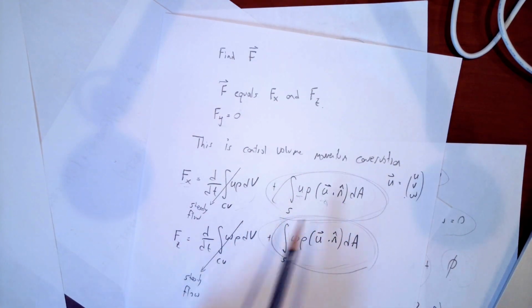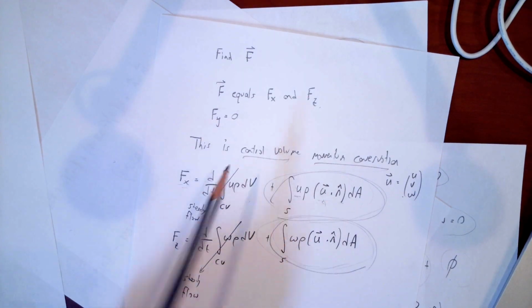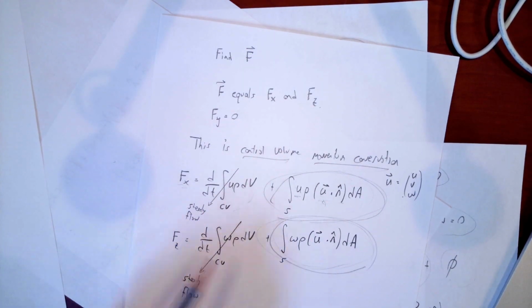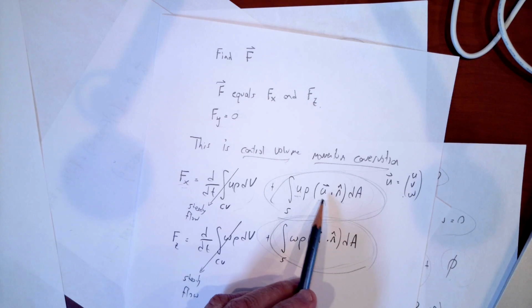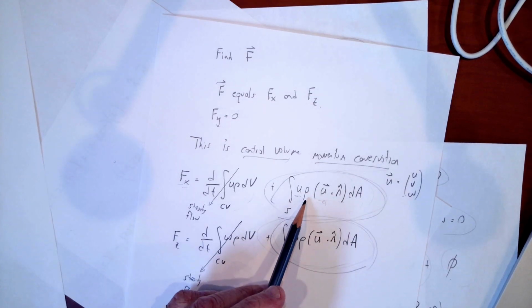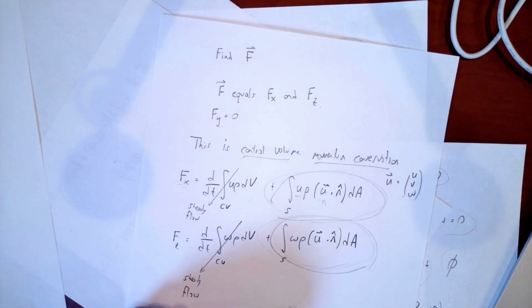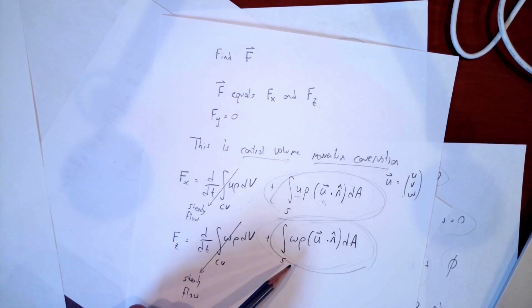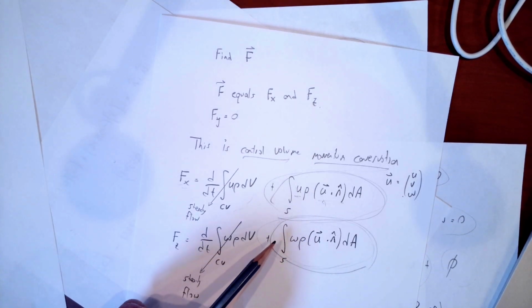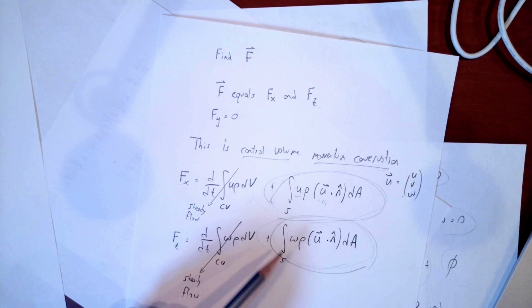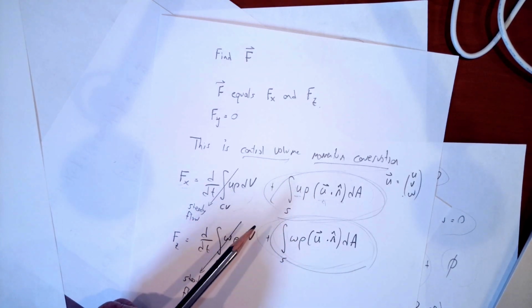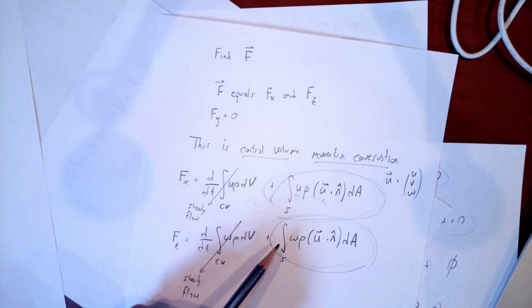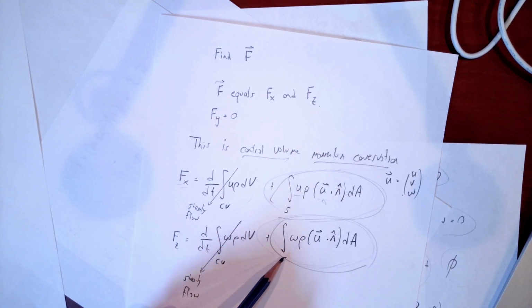Now remember, this momentum conservation for control volume is an approximation. It assumes that all the velocities are uniform and the density is uniform across the entire inlet and across the entire outlet. That is not generally true. Fluids generally do not have uniform velocities when they're near walls, but for high-speed nozzles, this is quite a good approximation.